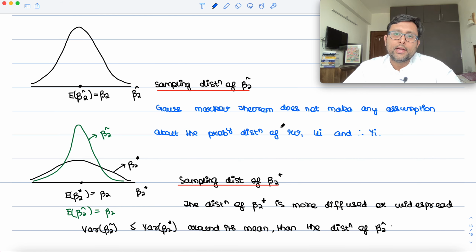So as long as the assumptions of CLRM hold, this theorem holds.